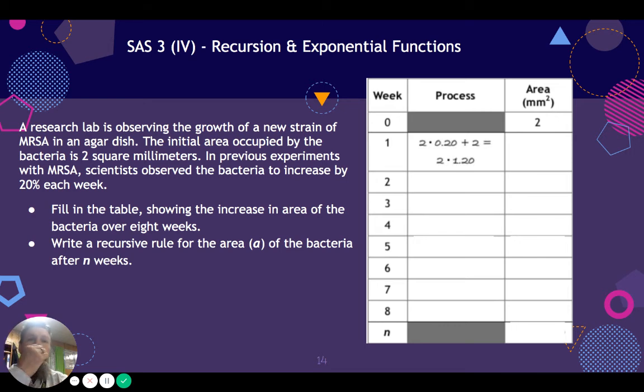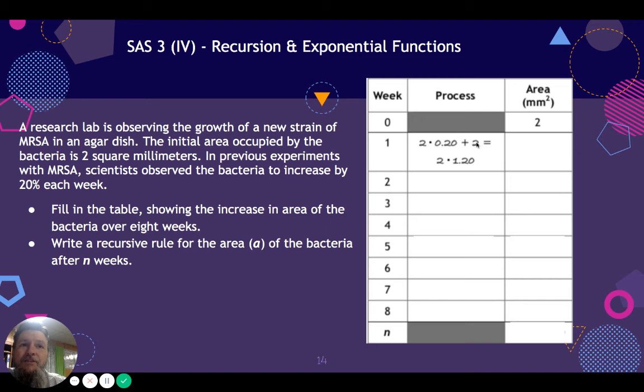Okay, so first day, we increase 2 square millimeters. Okay, is that right? 2 times 0.02 plus 2. So think of what it's saying. The initial area occupied by the bacteria is 2 square millimeters. Okay?